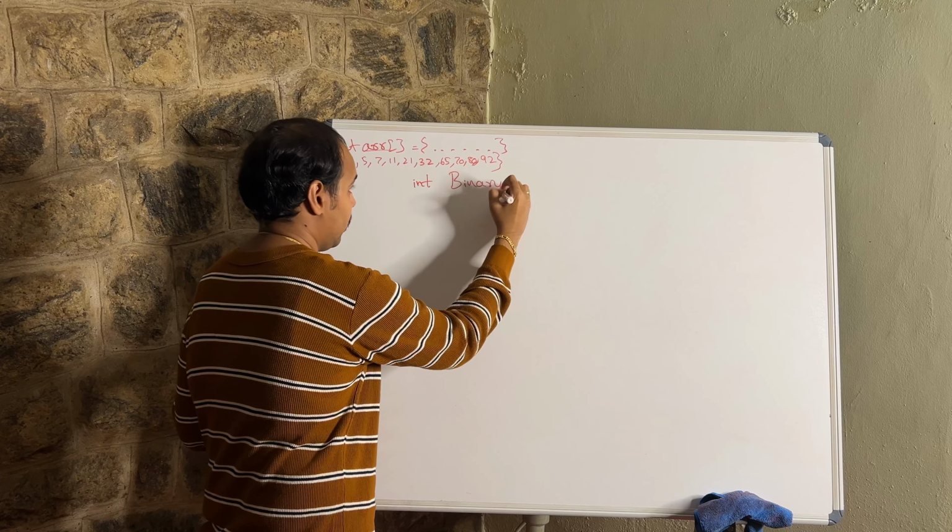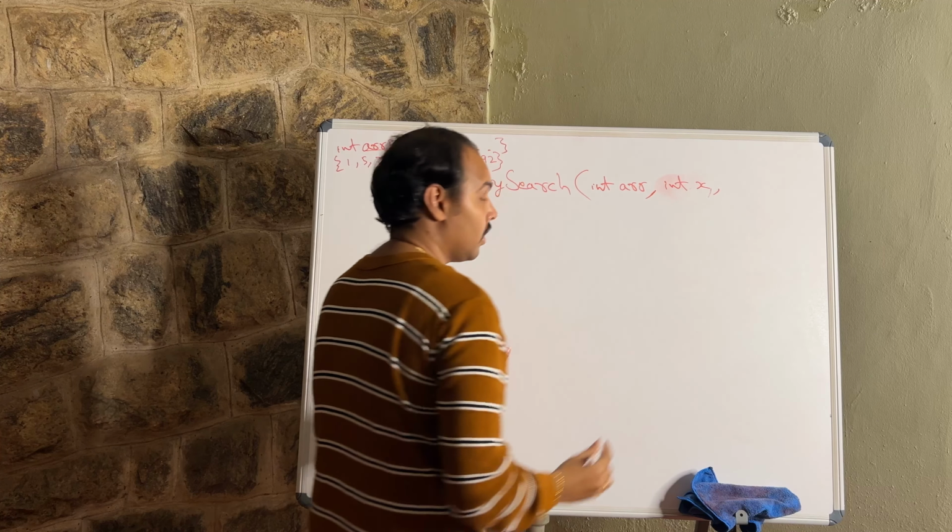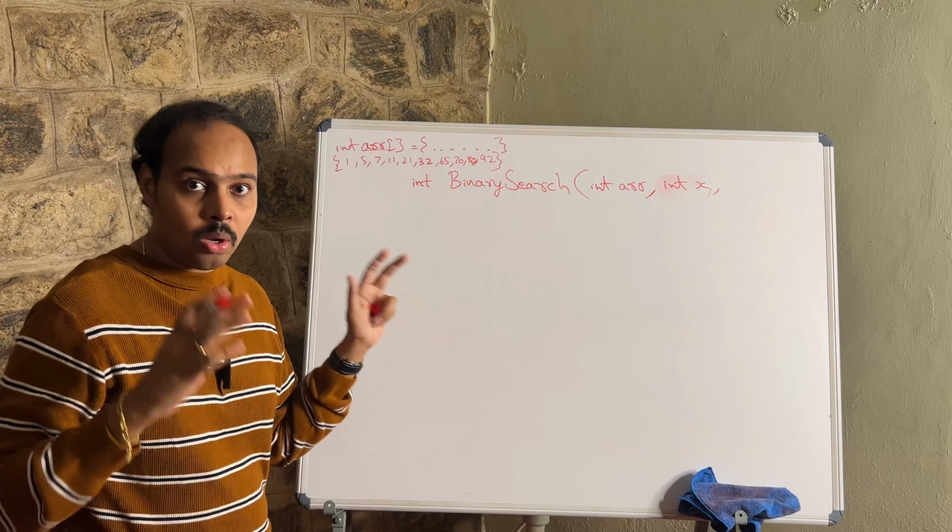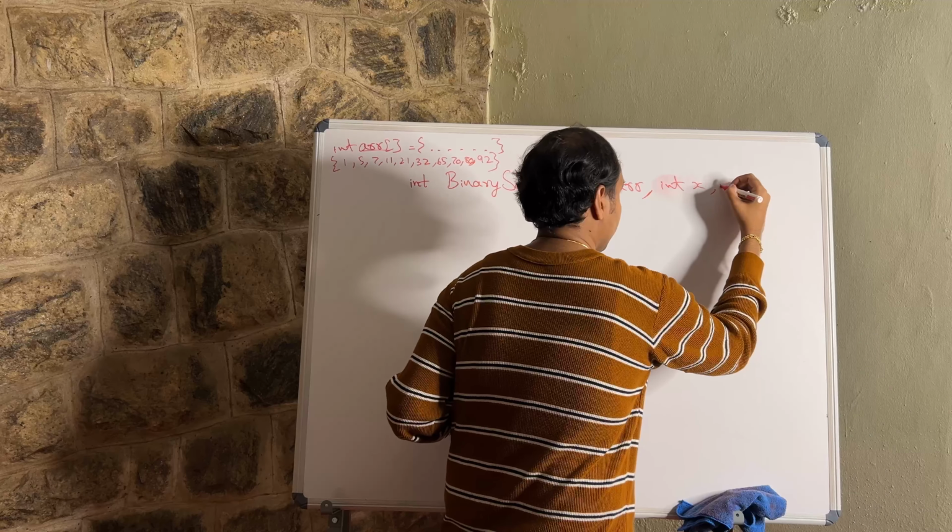Int ARR, we are going to pass the number we are looking for. It's nothing but X. Then we want to pass in the low and the high. First, we will leave some space. You will know finally why we need that space.